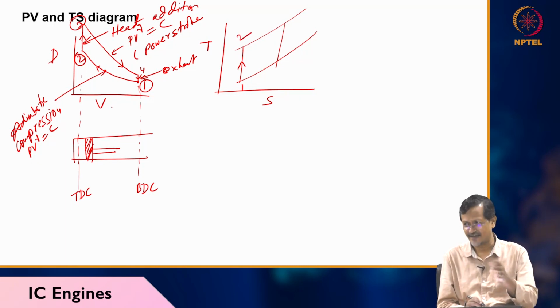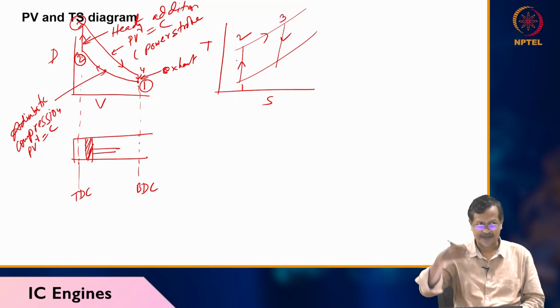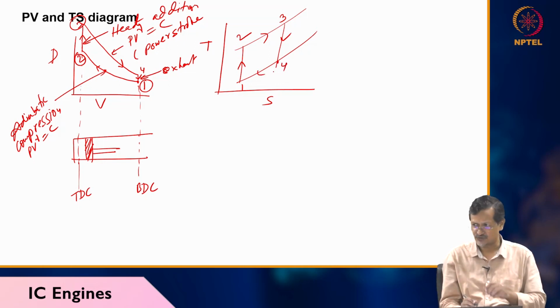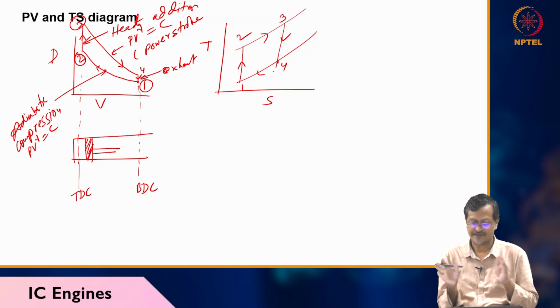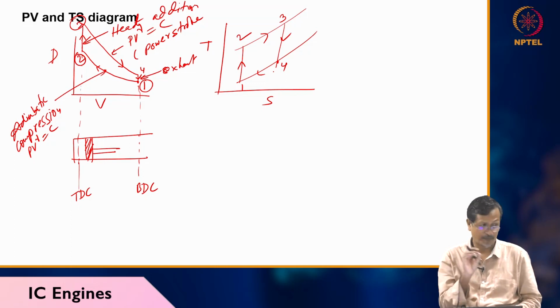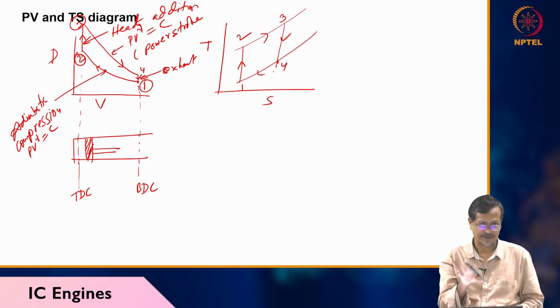I am assuming this is isentropic, no heat transfer happening. 2 to 3 is heat addition, my temperature is increasing. 3 to 4 expansion is happening, I am getting lots of power. 4 to 1 exhaust is happening. So if I ask you to draw the PV and TS diagrams with your one piston cylinder arrangement, you should give proper nomenclature, names 1, 2, 3. If the numbers are mismatched or the arrow direction is wrong, I will not give marks.